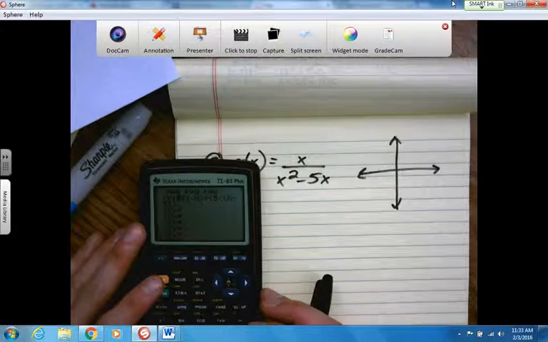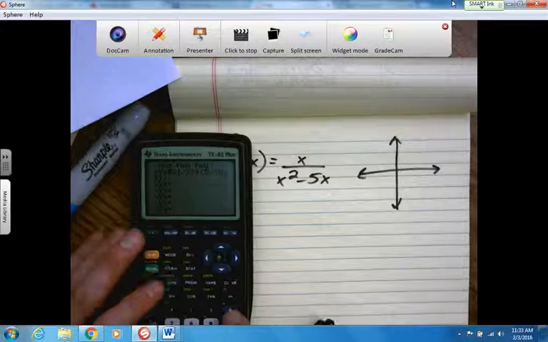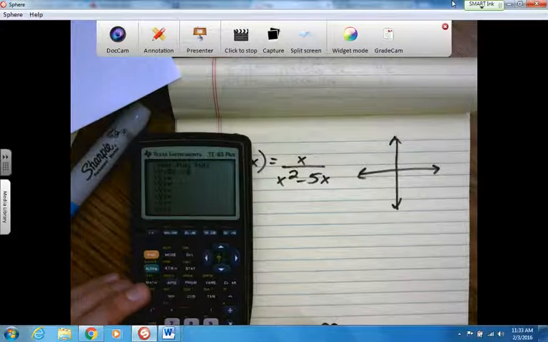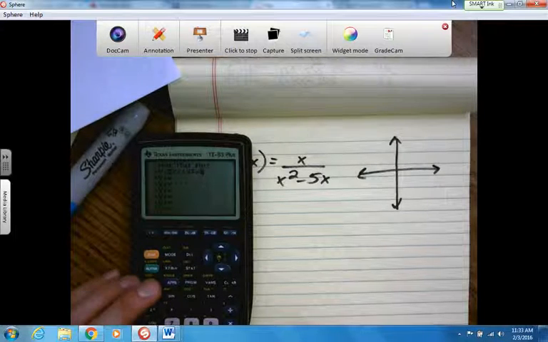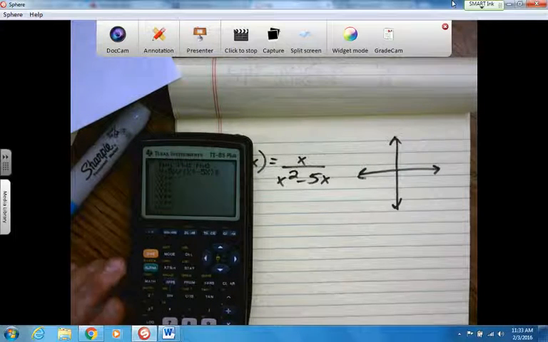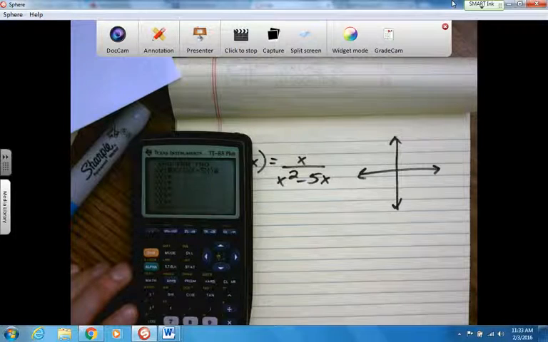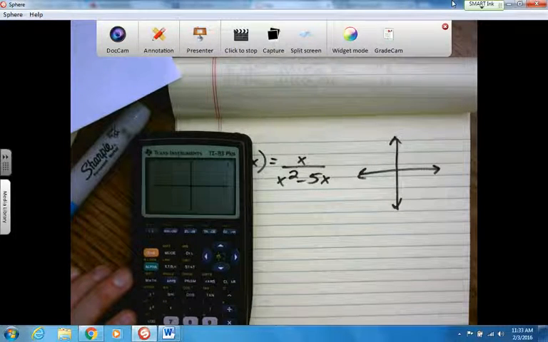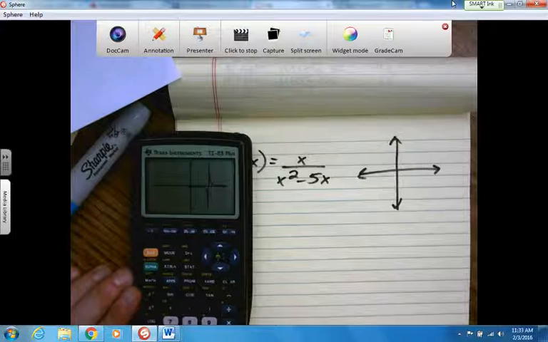Okay, so here I'm going to go x divided by, and then I've got x squared minus 5x. Okay, then I can go ahead and hit graph. It is a pretty weird thing, isn't it? Okay.